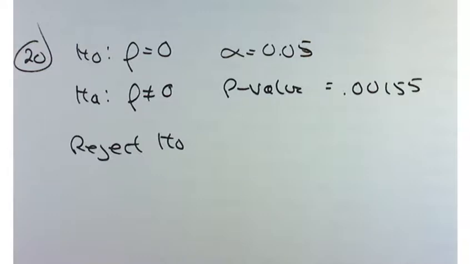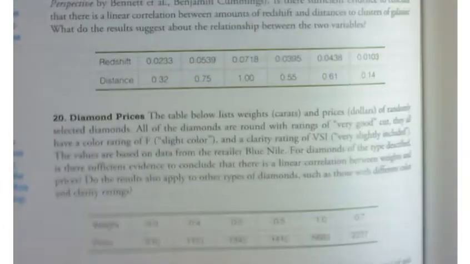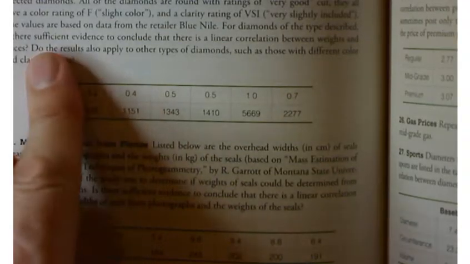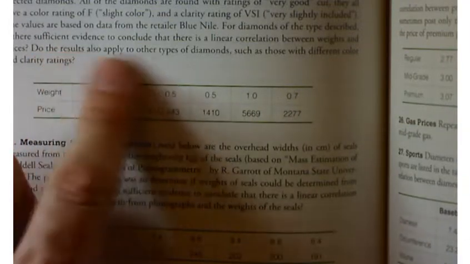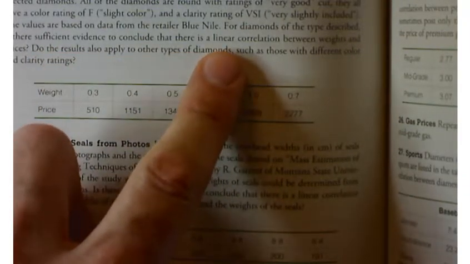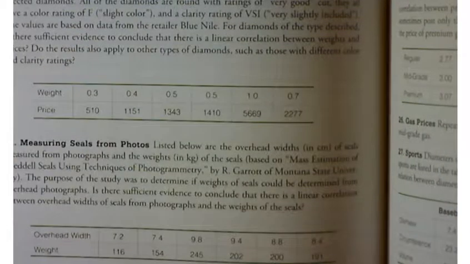Looking back at the original problem, is there sufficient evidence to conclude that there's a linear correlation between weights and prices?